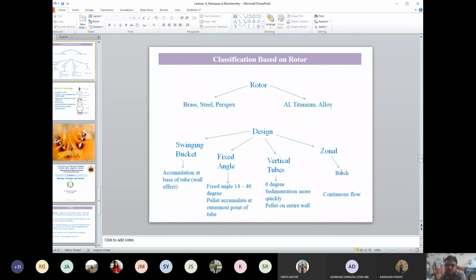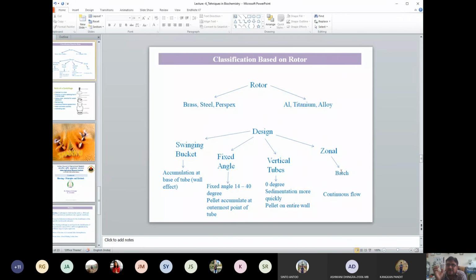The particle which you centrifuge in a swinging bucket will accumulate at the bottom or at the wall of the centrifuge tube. The other classification is the fixed angle rotor.